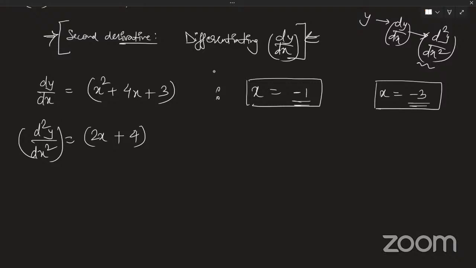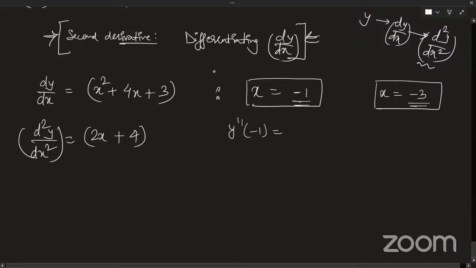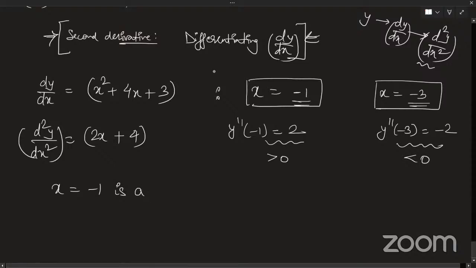What will the value turn out to be? -1 यहाँ पुट किया, क्या वैल्यू आएगी? 2. Yes. Similarly यहाँ पे पुट किया, क्या आएगी? -2. Okay, great. So this is a positive value, right? And this is a negative value. So can I say x is equal to -1 is a, tell me, what is it? Is it a maxima or is it a minima?